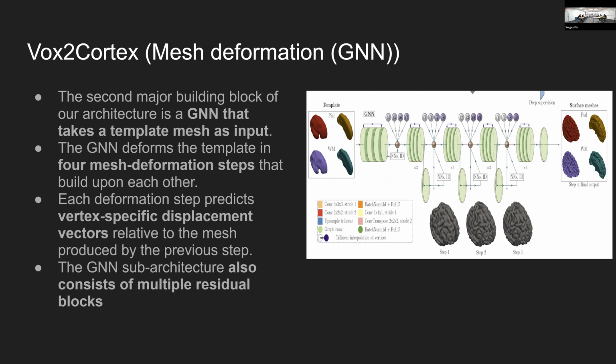All right, the bottom half of that architecture pipeline is here, and the GNN takes a template mesh as input. There are 4 deformation steps, so they start probably from a sphere, or an average, I can't remember which, and deform it 4 times to get the final result.